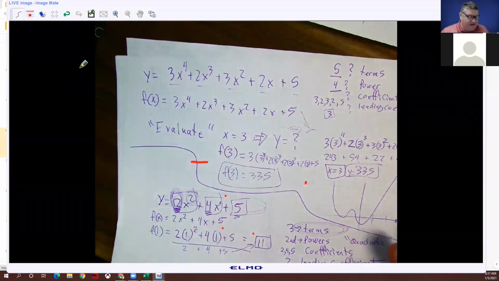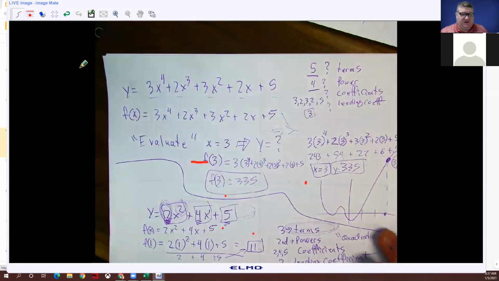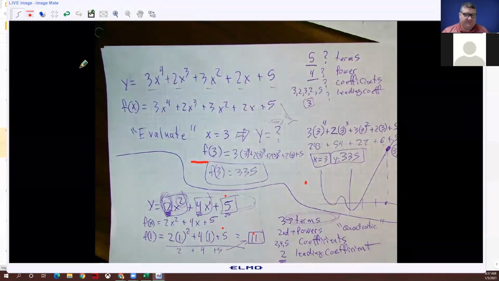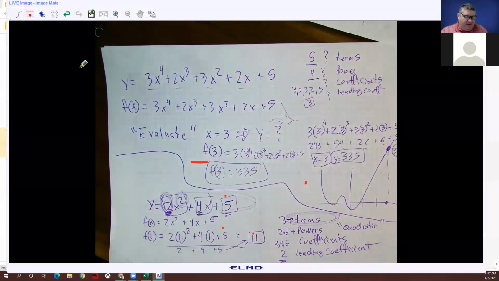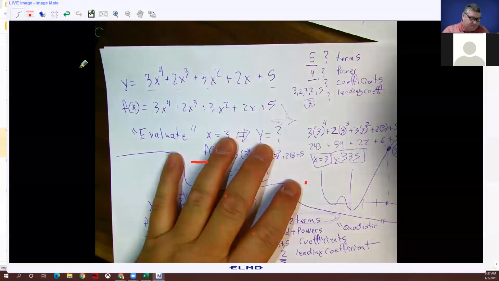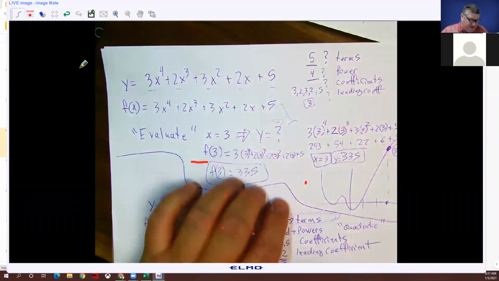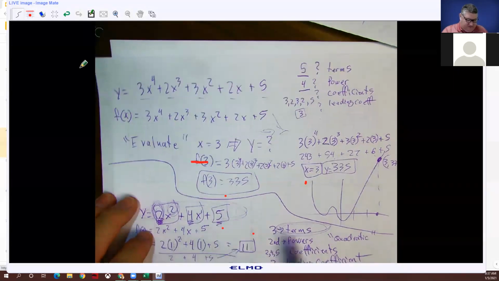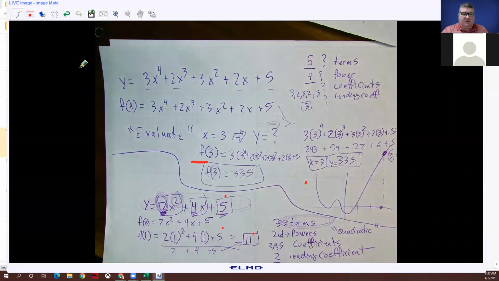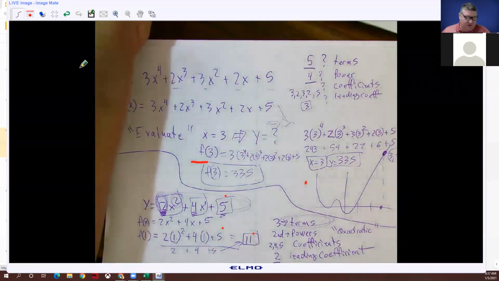You would just say 3 because it's just the number we're interested in there. All right, so polynomials, poly meaning many, 5 in this case, 3 in this case, many terms. So polynomials. And you need to know some of the basic vocabulary that goes along with them.